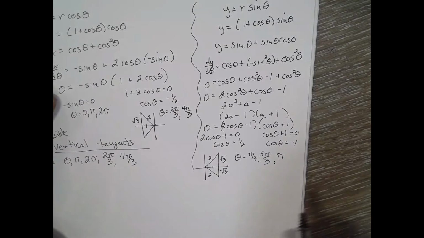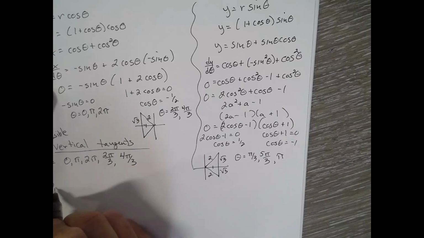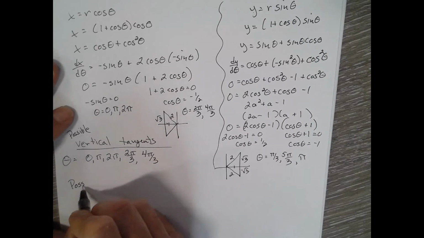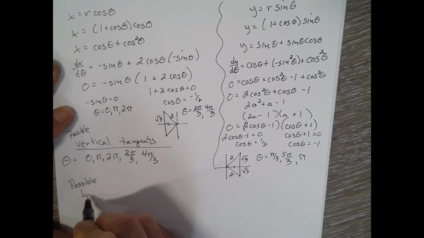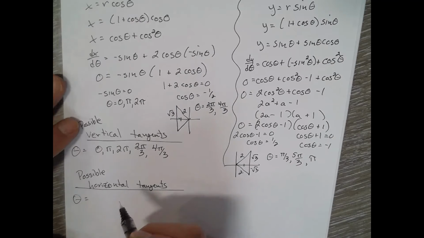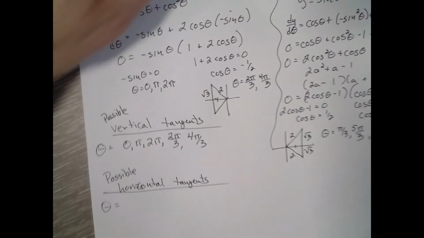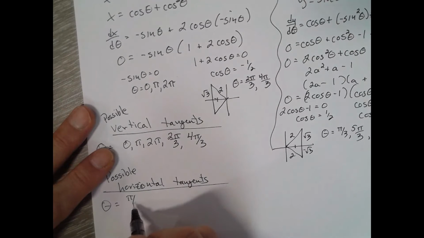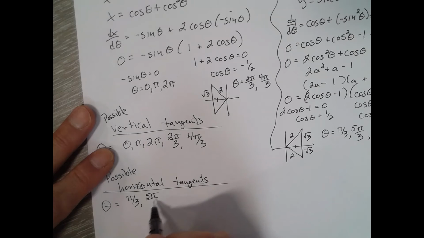Alright, so now the possible horizontal tangents. We've got theta equals pi over 3, 5 pi over 3, and pi.